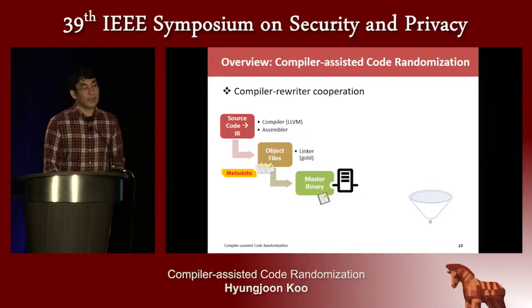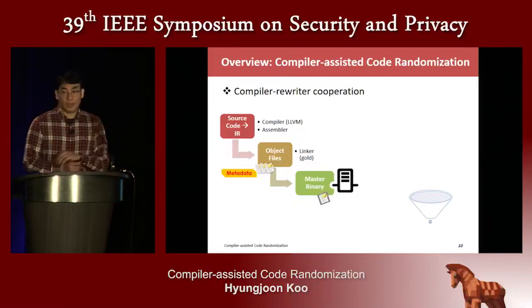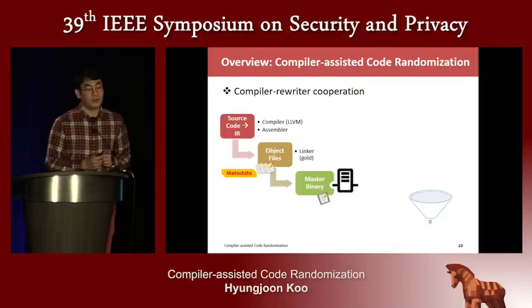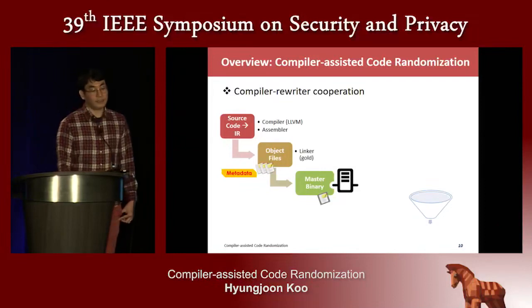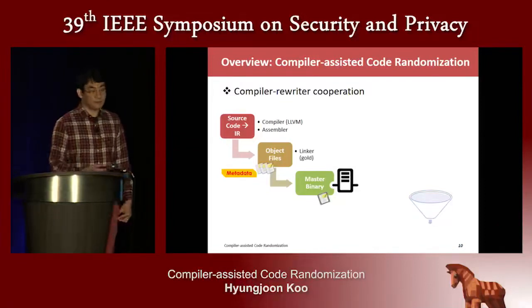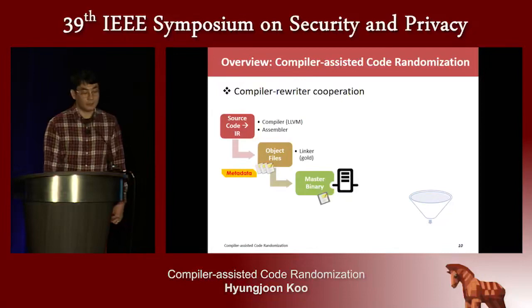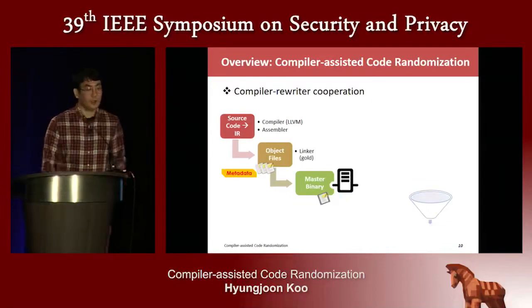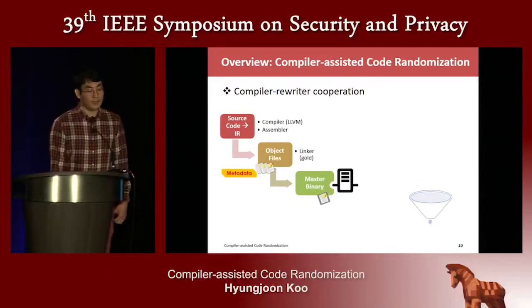So here is an overview of compiler-assisted code randomization. Our approach is based on compiler-rewriter cooperation. First, the compiler takes the source code and transforms it to intermediate representation, and then the assembler takes the intermediate representation into code as an object file.